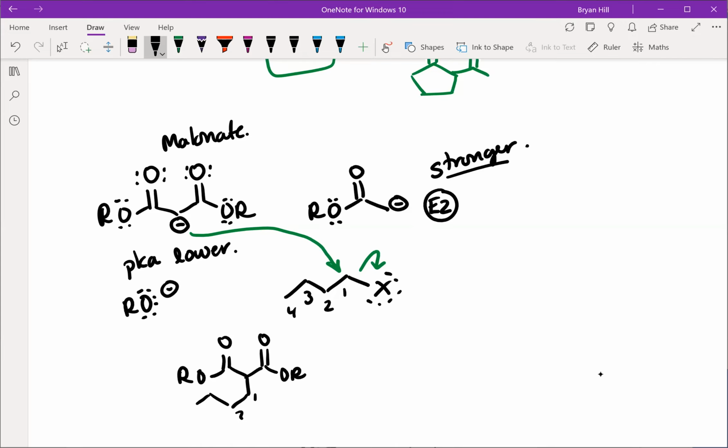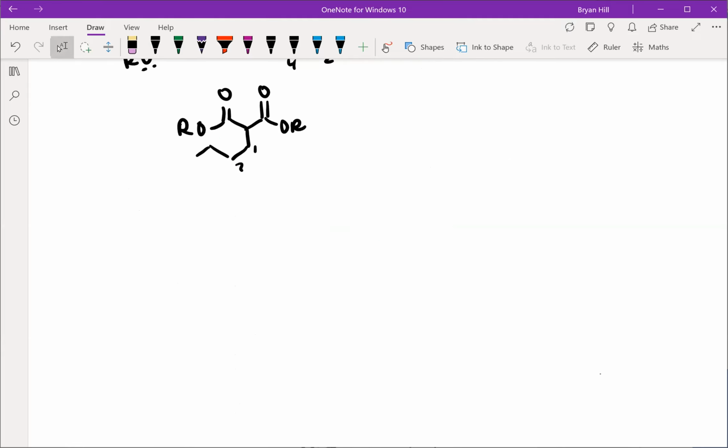The only thing you need to worry about is, if you want this, all you need to do is find a way to get rid of the other ester, and there is a way to do it. And we'll basically explain that.